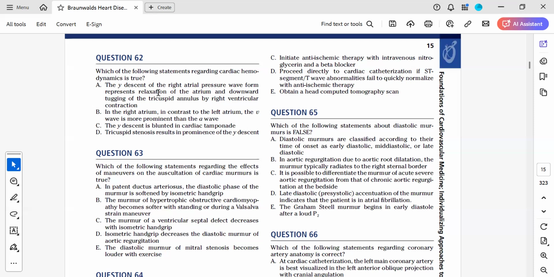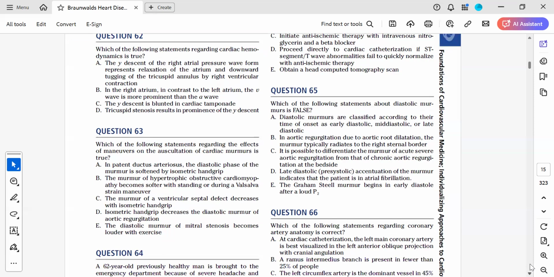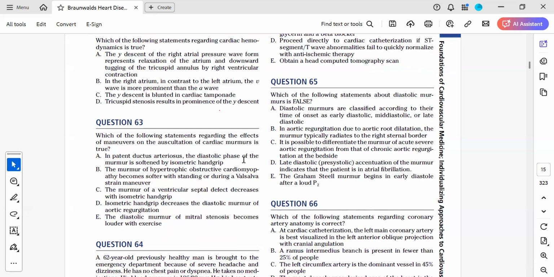Sorry, please, can I quickly make this comment, sir? Kindly go ahead, please. I wonder how to re-explain option B in question 65. You made comments about the location of the murmur in aortic regurgitation.